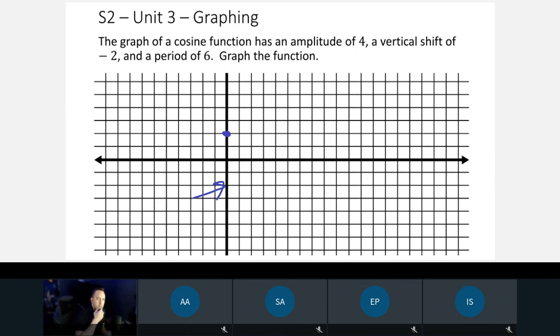Remember, the parent function of cosine starts high, then descends, then goes back up again, then down again. That's why I'm only going to graph this first point. Now, it says the period is 6. What does the period tell us in a trig function? Let's give a chance in chat to those who are paying attention.